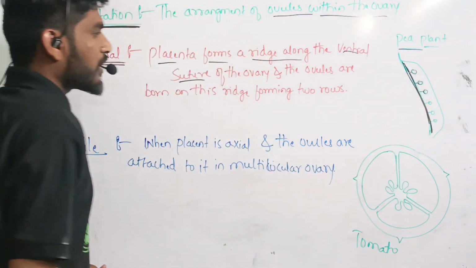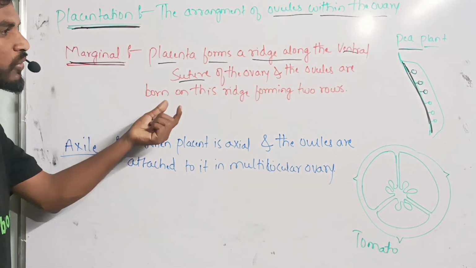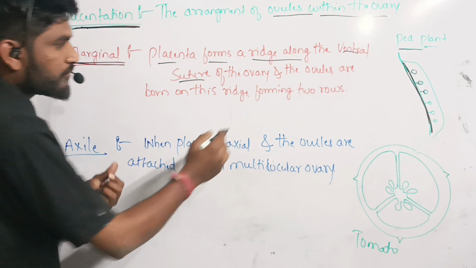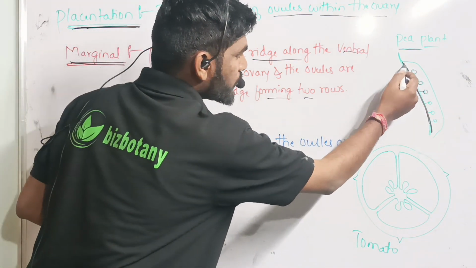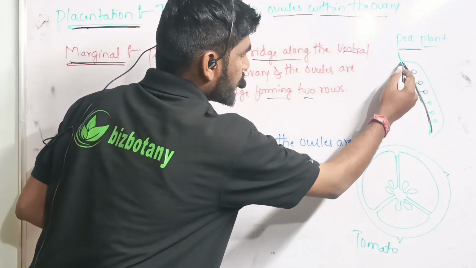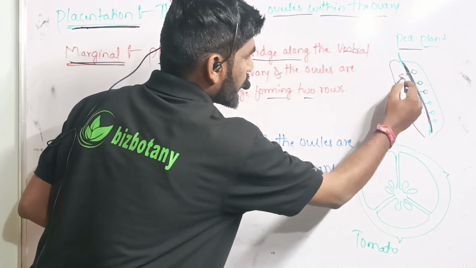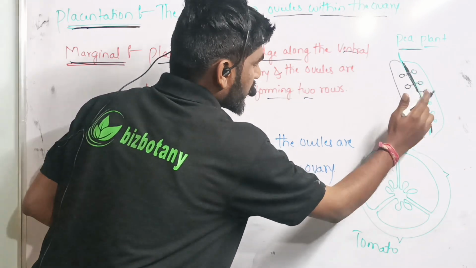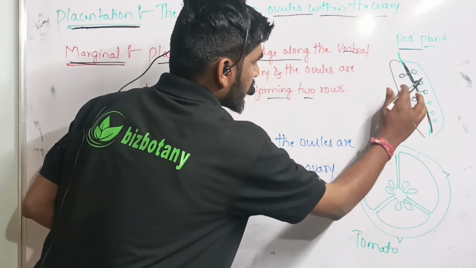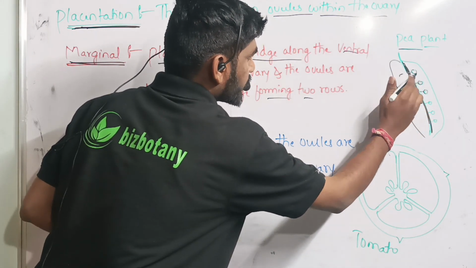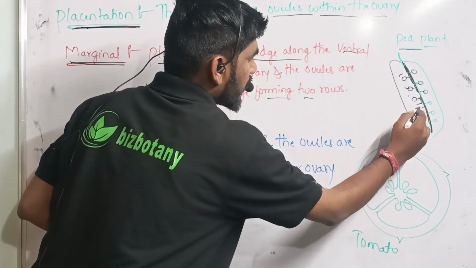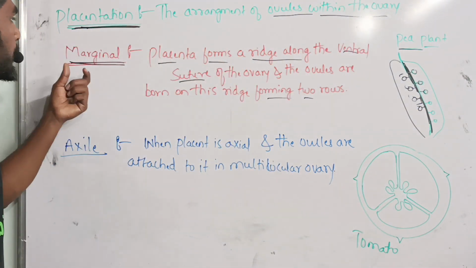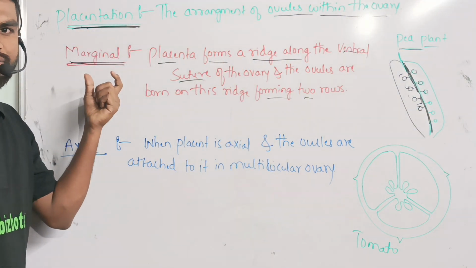Such type of arrangement of ovules in the ovary forms two rows. The opposite row also consists of ovules like this, arranged alternately. This type of arrangement of ovules, we call it marginal placentation.